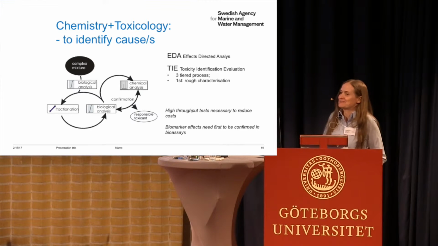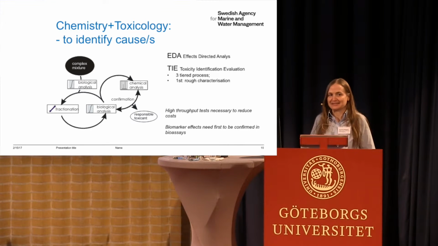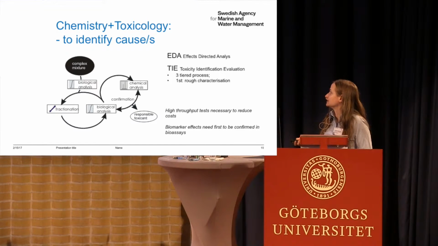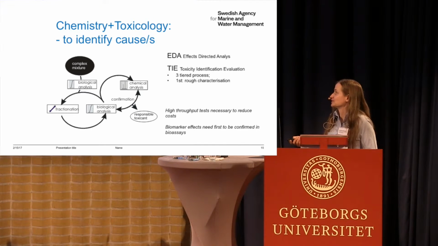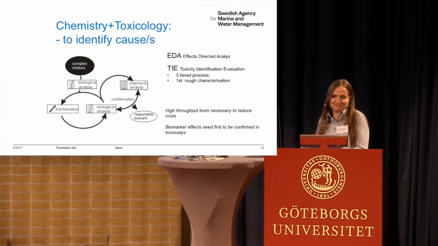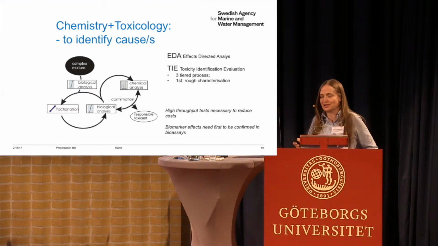So, also a chapter on effect-directed analysis. If you really need to know which substances are behind the observed effects, there are ways to deal with it, and we describe it also in the report. It's more or less about fractionating the samples and rerunning your analysis on smaller and smaller fractions to try to identify them.